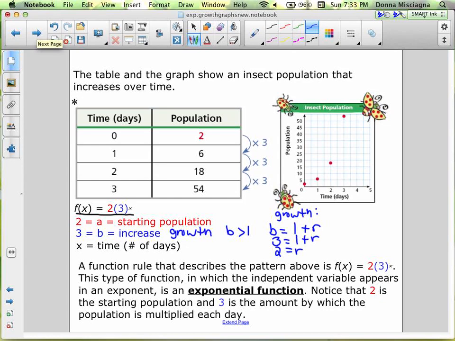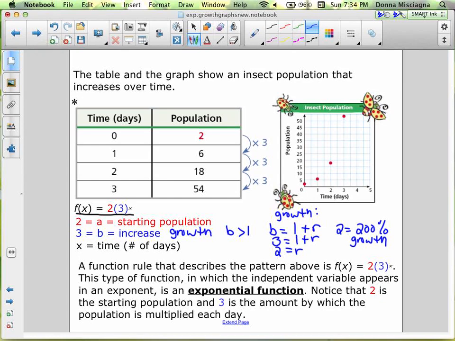When we talk about rate of increase, we're going to talk about it as a percent. So if it's 2, 2 is equal to 200% growth. Right? 1 is 100% growth, 2 is 200%. Right? If it was 0.5, it would be 50% growth. Right? So each time we're having 200% growth because our base is 3.